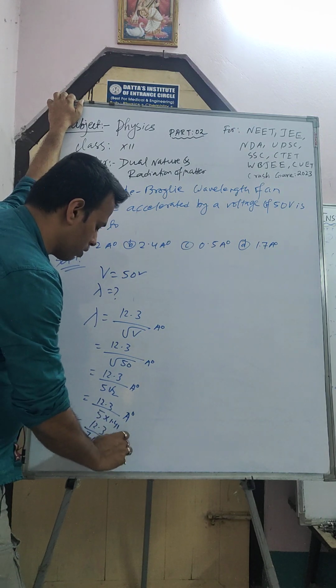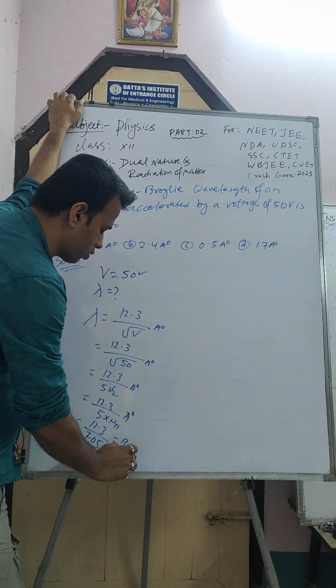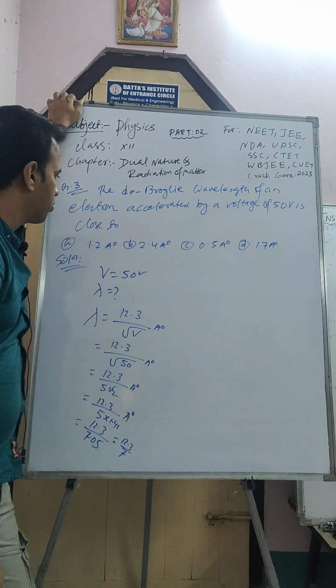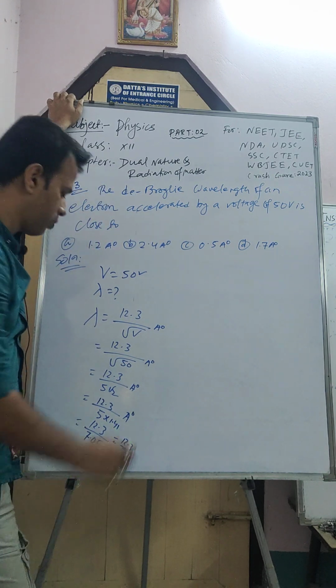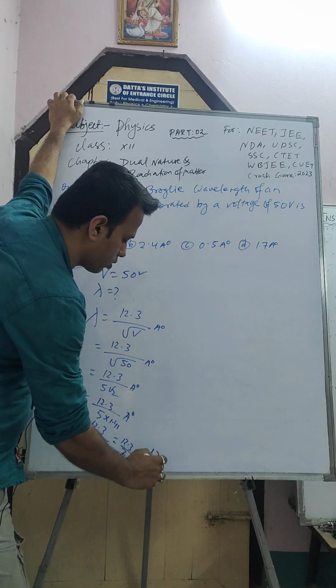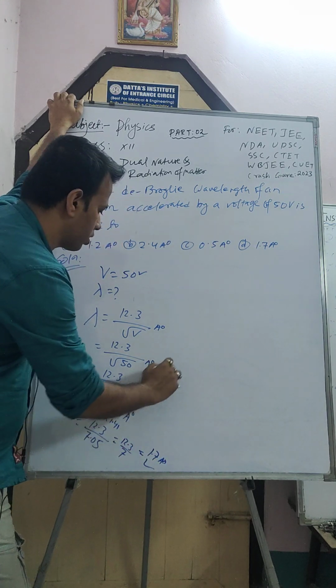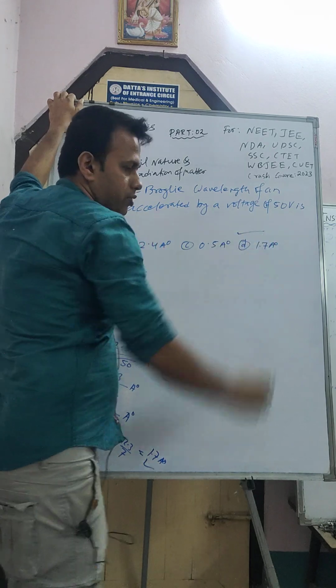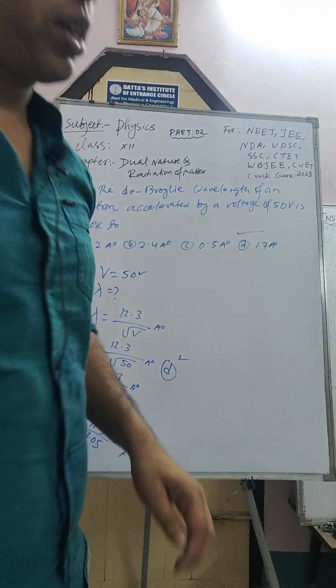There is 12.3 by 7 almost. So 12.3 by 7 is 1 point something, 1.7 almost. So 1.7 Angstrom. Okay. So which option is correct? Option D is correct here. Option D is the correct answer.